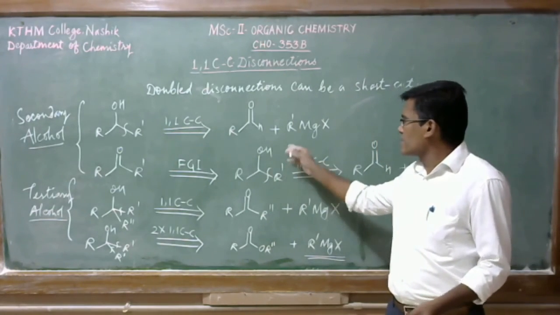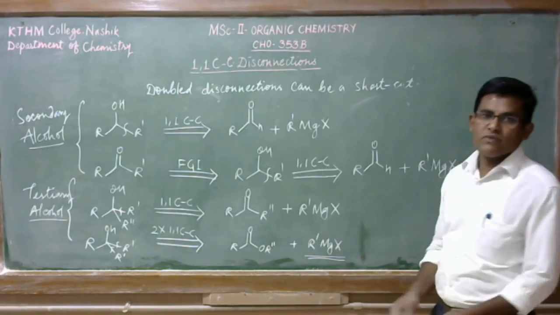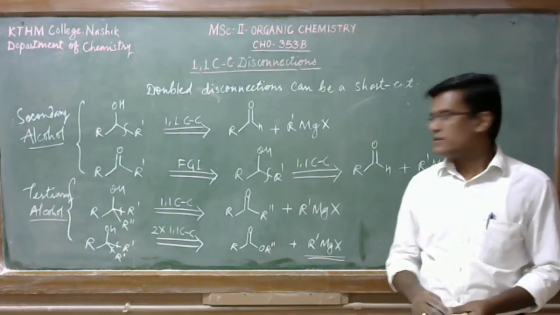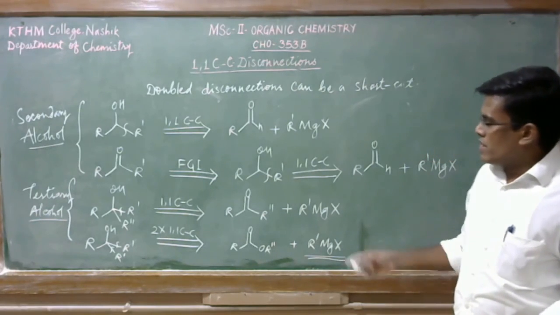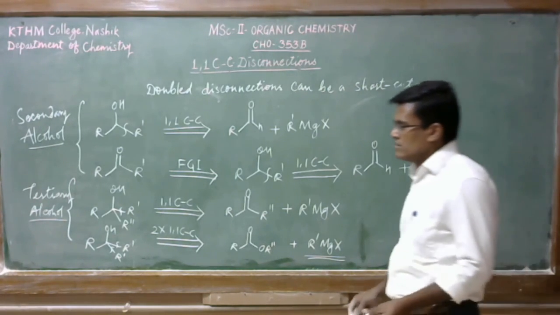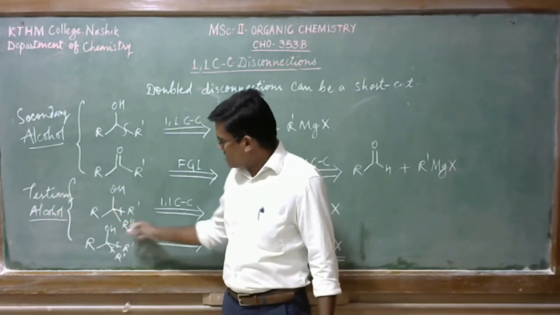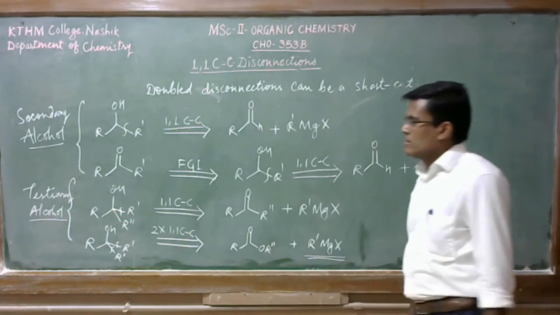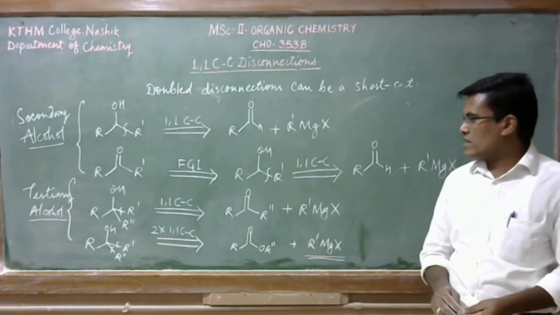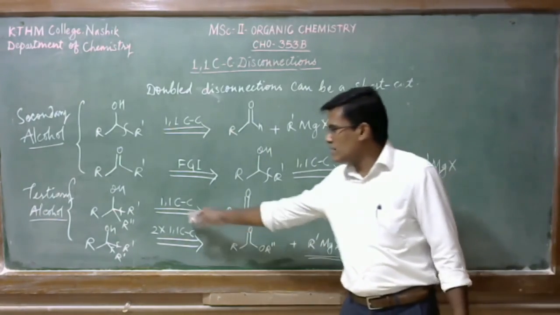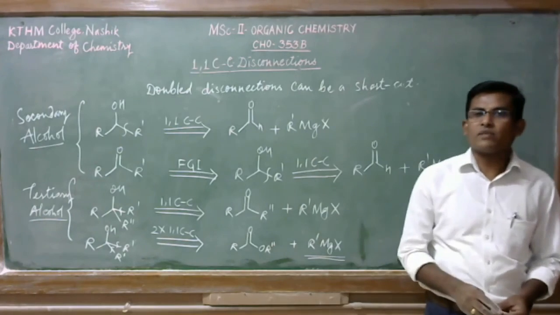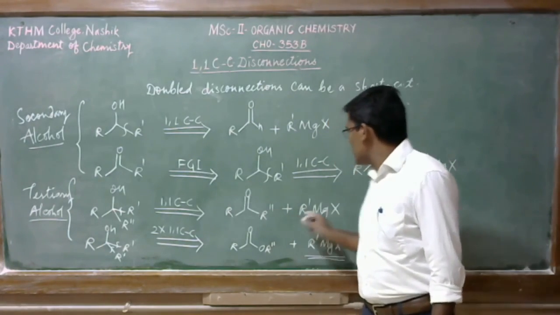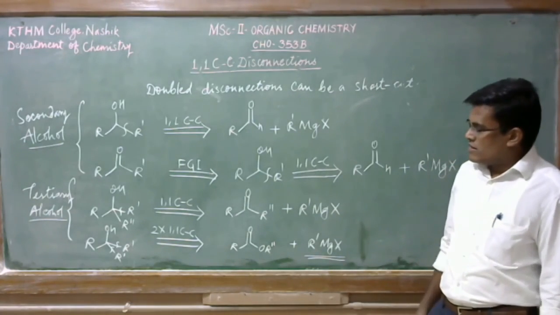Again in a similar fashion we can do the 1,1 disconnection to get this aldehyde and Grignard reagent. But when you have a tertiary alcohol, in the first case these two R groups are different. In this case we have the 1,1 carbon-carbon disconnection to get this ketone plus Grignard reagent.